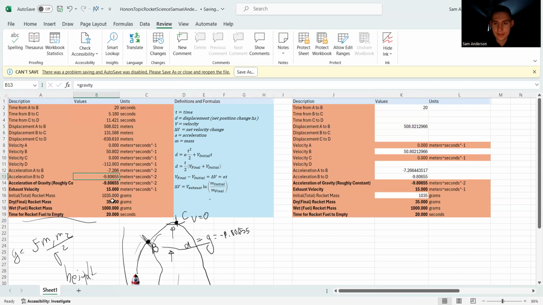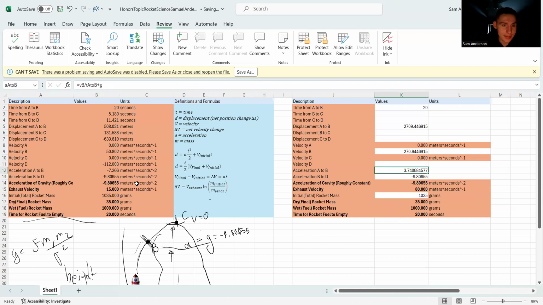So what this says already is that our rocket is actually not powerful enough with these current specifications to launch. So we would need to change something like exhaust velocity. Say instead of 15 meters per second it is 80 meters per second.